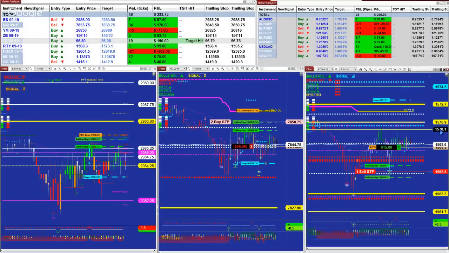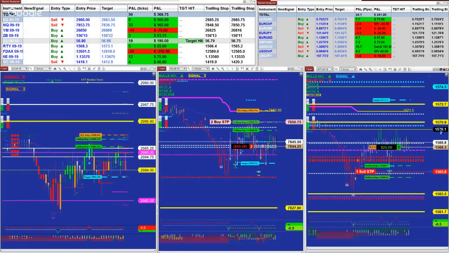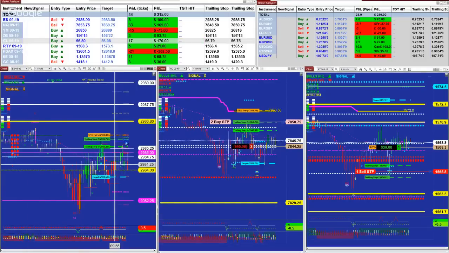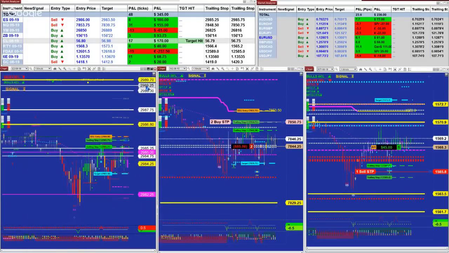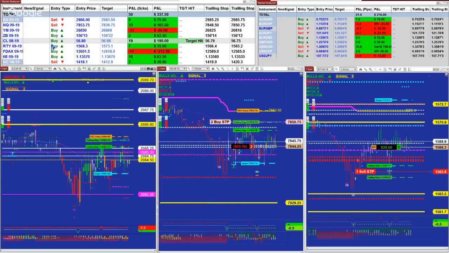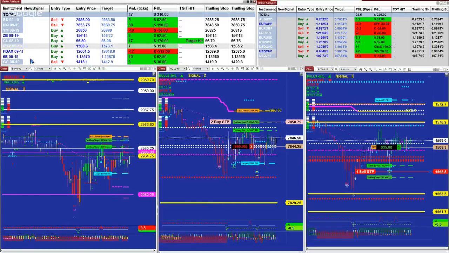There is no major impact on the market movement, even if it's negative. So we'll see now what the CL is going to do. The only trade we have called for today was the Russell, and we will try to find a new trade very soon.